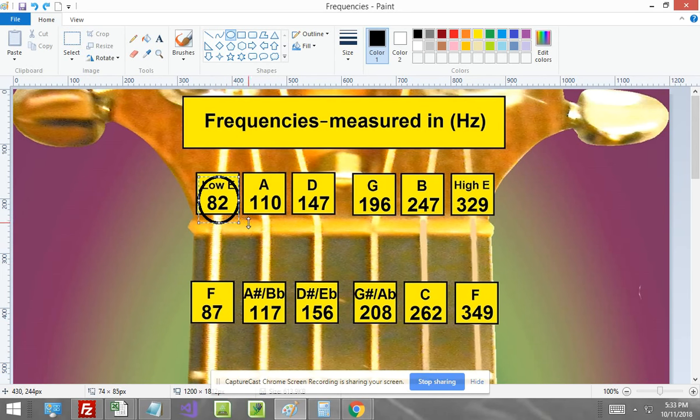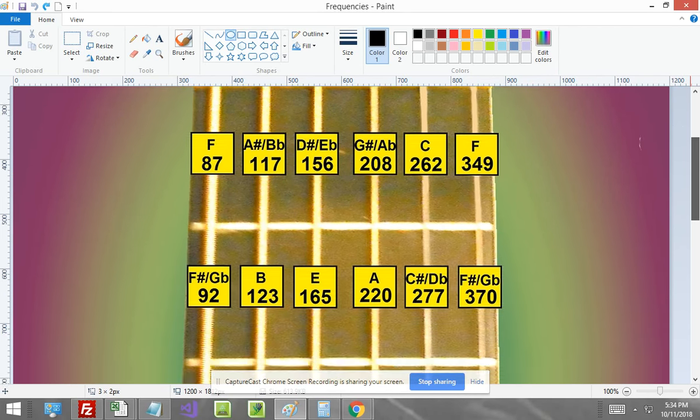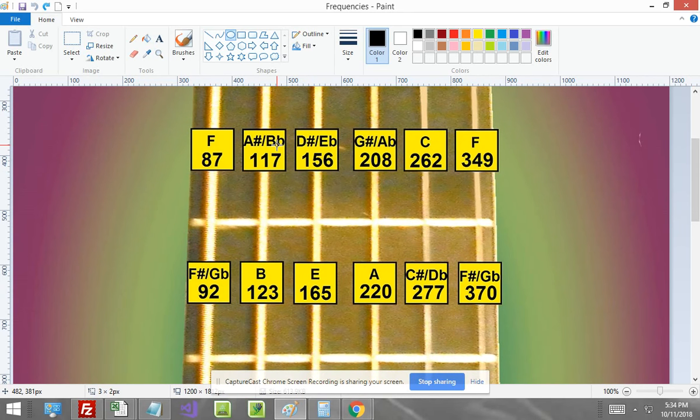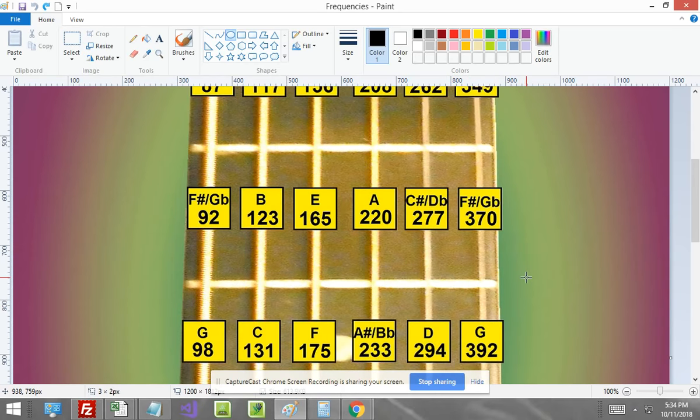This A string wobbles 110 times per second. This wobbles 147, 196, 247, and the high E 329. Now, as you go higher on the fretboard, you see here's F, A sharp, B flat. These are all the notes, and these are all the frequencies at which they wobble.